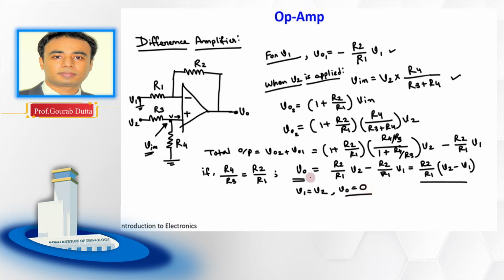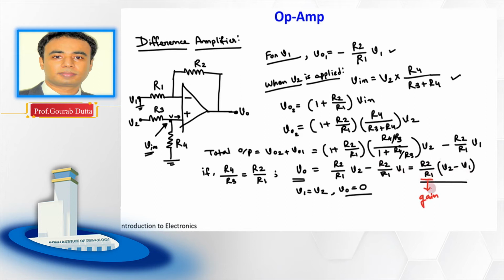So if a common signal is applied between these two terminals, the output is expected to be 0. If V1 is not equal to V2, then these two signals are different signals, and for that we have achieved one gain for this amplifier, and this is the gain. Because this is the difference, and this is the output voltage, so obviously this is the gain.